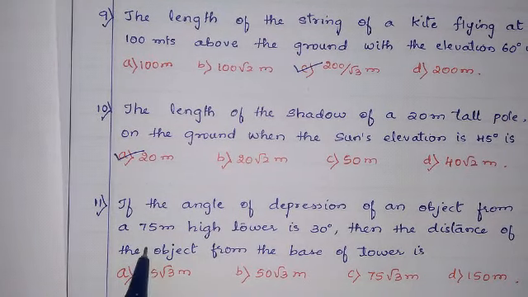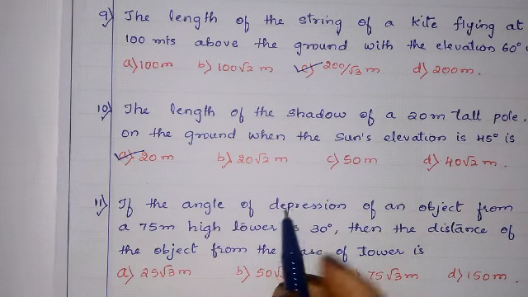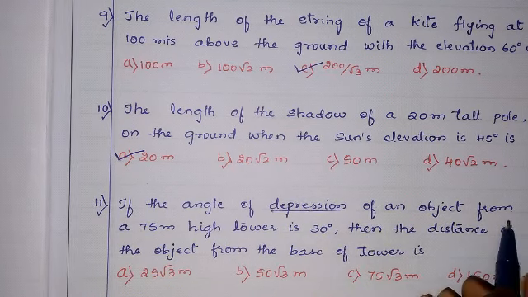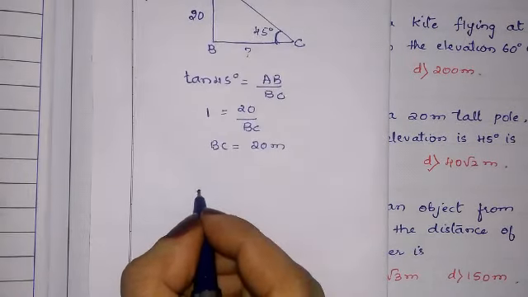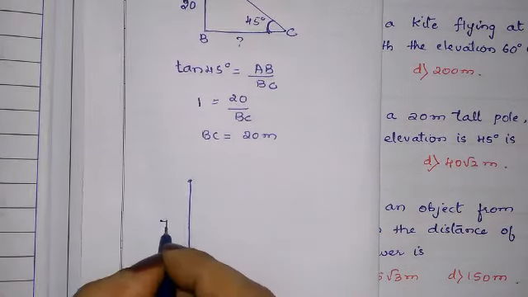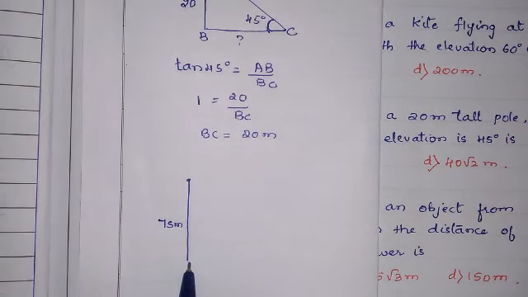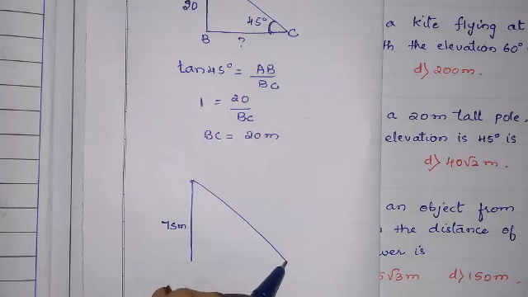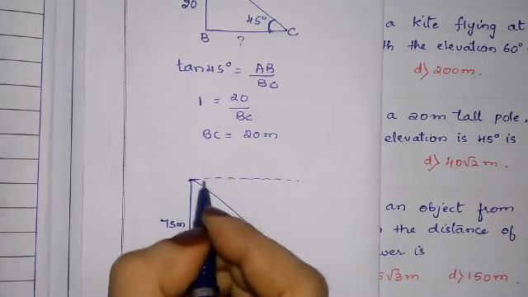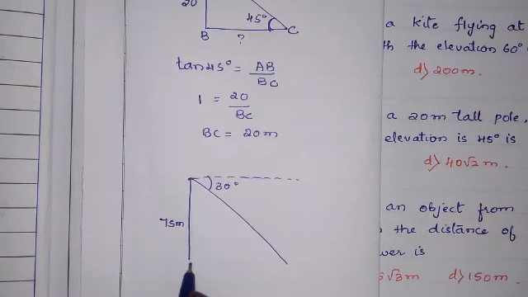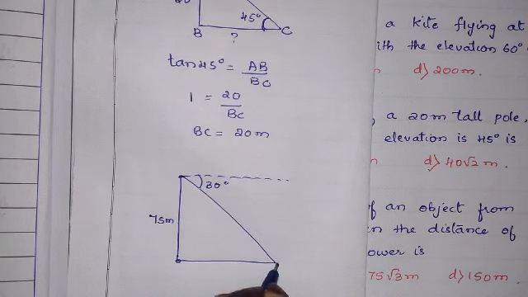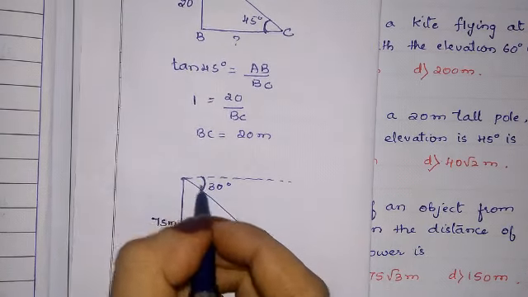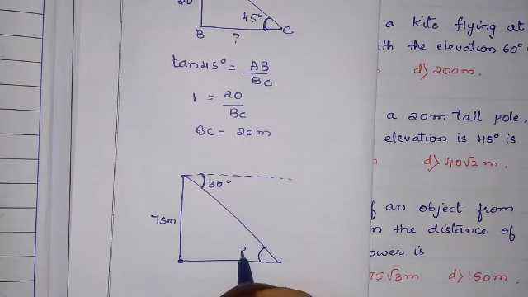Now the next question. Here the angle of depression comes. The angle of depression of an object from a 75 meter high tower is 30 degree. Then the distance of the object from the base of the tower is. The angle of depression from the 75-meter high tower is 30 degree. Find the distance between the base of the tower and the object. So this is 30 degree, which means this is also 30 degree. Why?